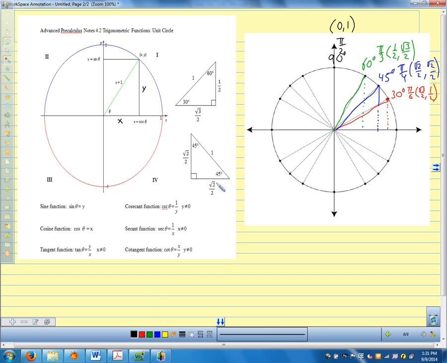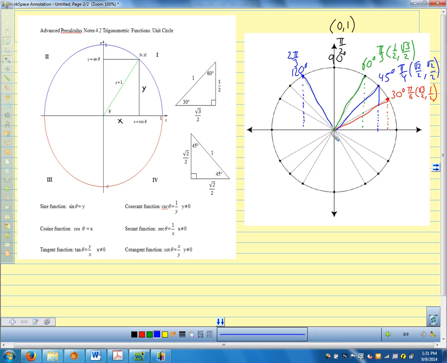Now let's continue. Let's do one more. So I'm going to go around, and then you guys can fill in the rest of your Radian the Snowman. We're going to go around here. Remember, our angle is measured from the positive x-axis. So what would this angle be in degrees? Okay, 2 pi over 3 is good. 120 degrees. And I'm going to project this down. This is a 30, 60, 90 triangle.